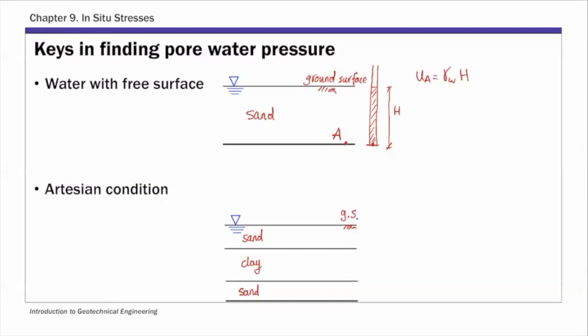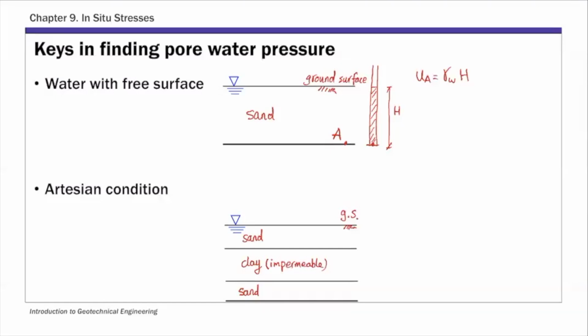We know sand layers are basically permeable layers because sand is a very permeable material. We covered this in chapter 7, permeability. So we know sand has high permeability, so it's a permeable layer. But clay is an impermeable layer. The permeability of clays is very, very small.